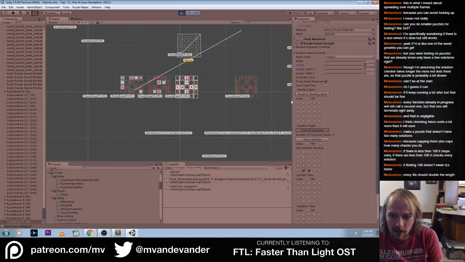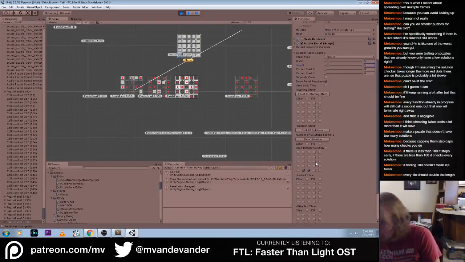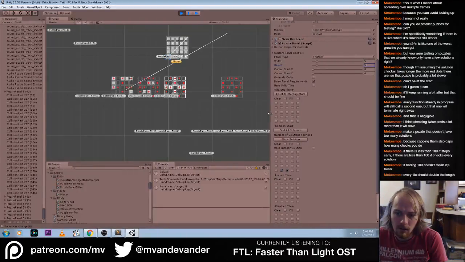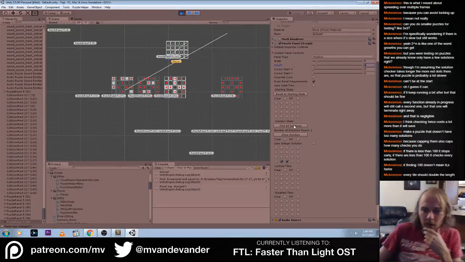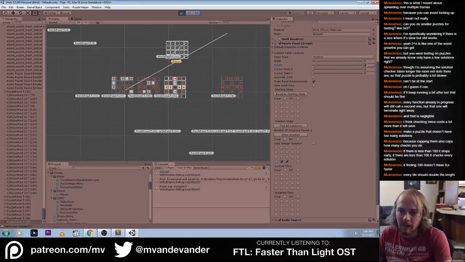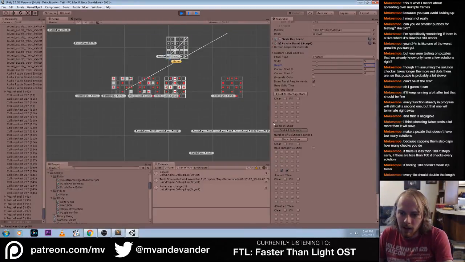It still doesn't like a 5x5 even when it's just that kind of thing, which is weird. That's what's strange to me, is that when I have a 5x5 there, it still takes so long.